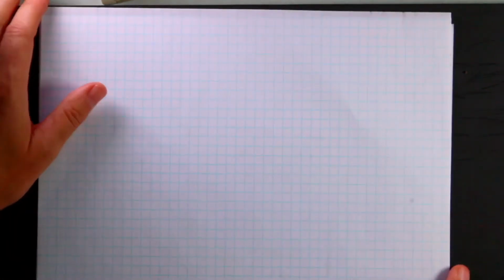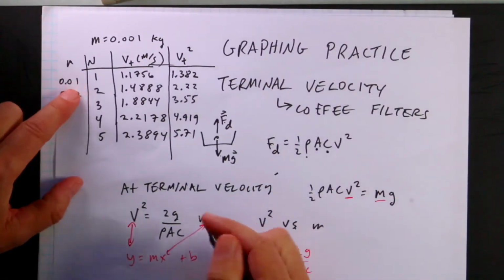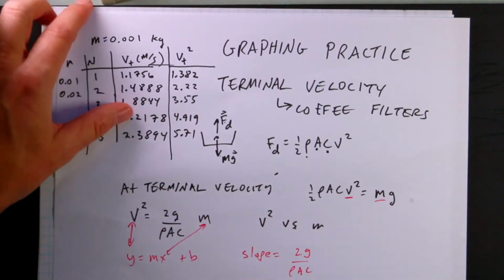Okay, so now here's the first thing that we need to decide when we're making a graph, and that's where our axis is and how big everything is. So let's go back over here. Look at my mass. I'm going to have my mass go from 1 to 5. So if I go back here and I count how many squares do I have?